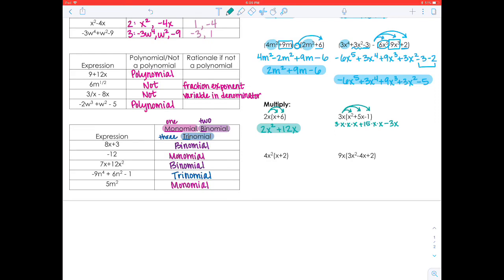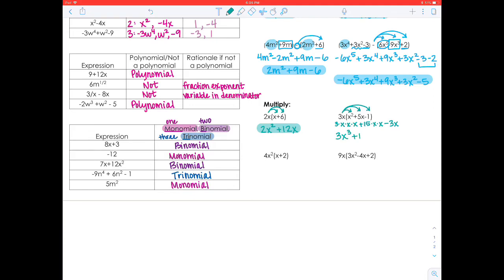So for the first one, I have 3 times x times x times x. X is being multiplied 3 times, so this is going to be 3 times x to the 3rd power. Your exponent tells you how many times you're multiplying x by.